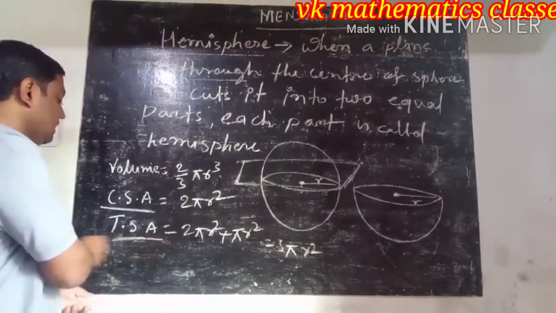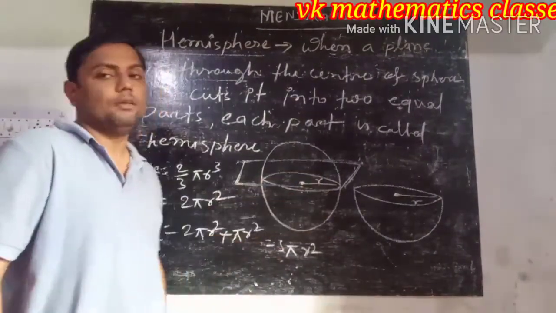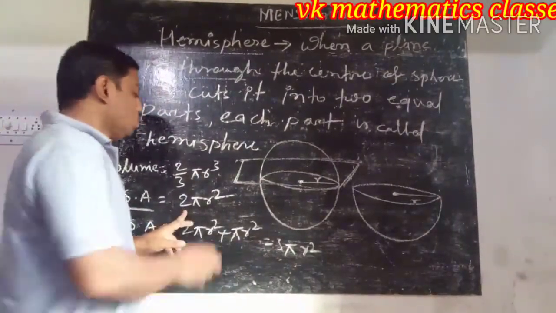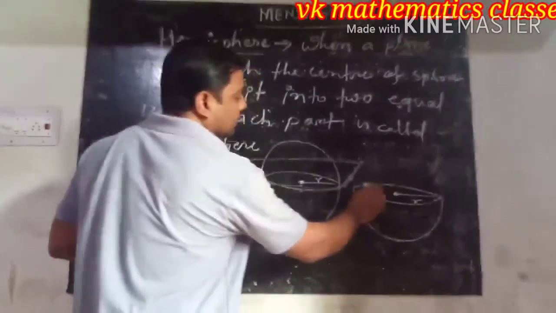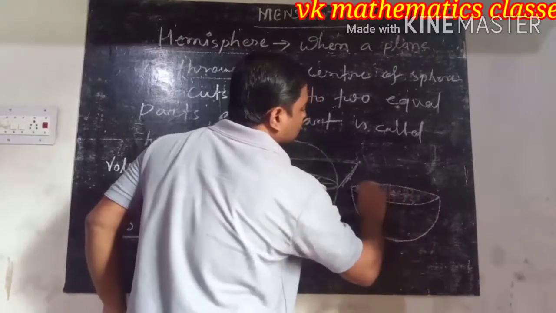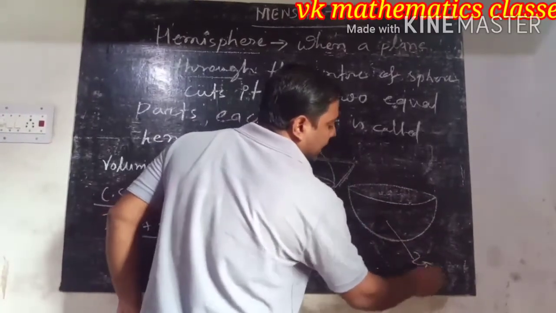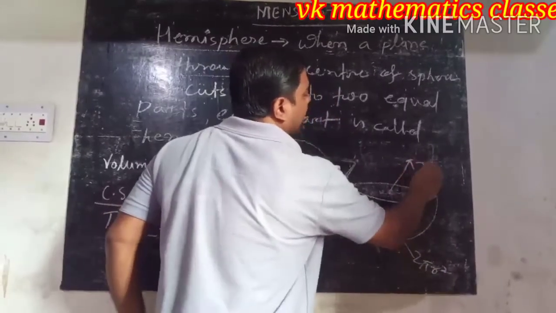Now the TSA, the total surface area. The total surface area of the hemisphere is 2 pi r square plus this area, that is the upper area, which is also a circle. So this is 2 pi r square and this is pi r square.